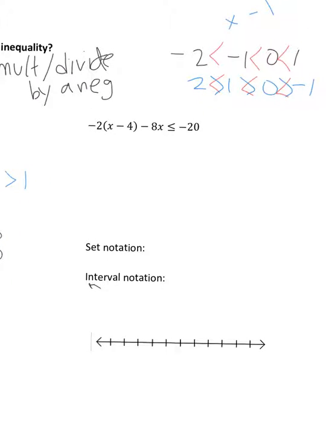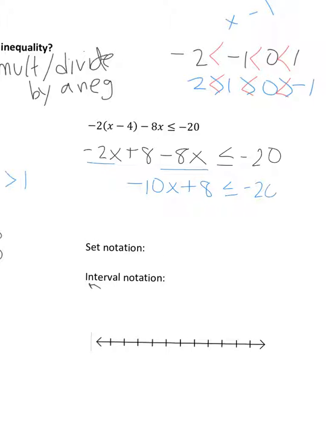So let's look at this one. I'm going to solve the inequality, do the distributive property, combine like terms, and then I'm going to subtract 8 from each side.